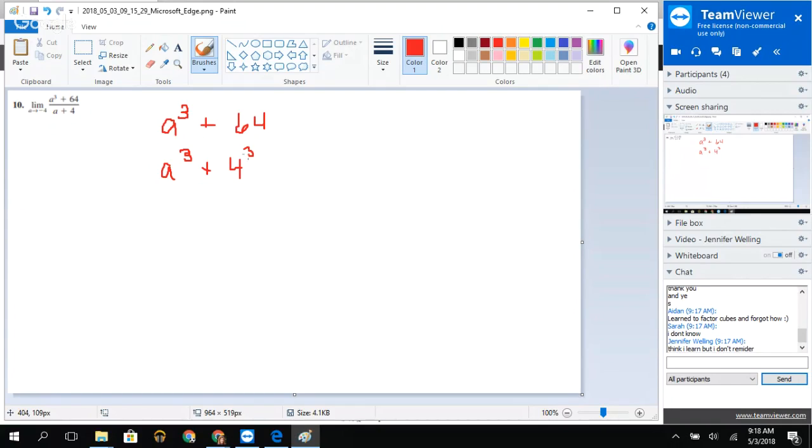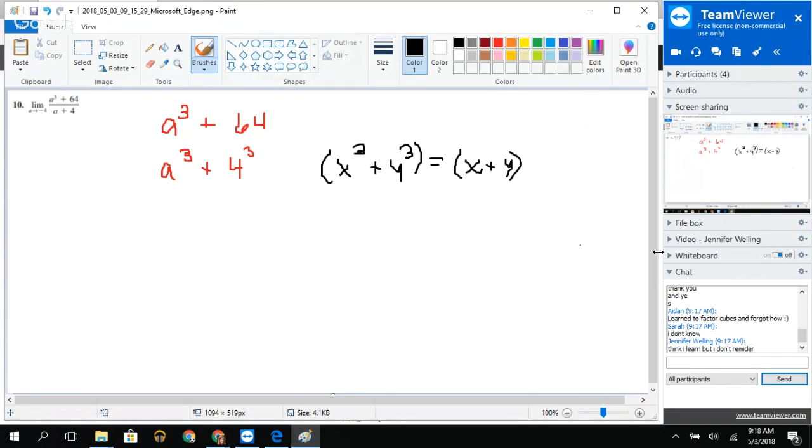So again, not something I would expect you to remember, but I thought it's worth just reminding people that if you have in the general form x cubed plus y cubed, you can rewrite that as x plus y times, I'm going to run out of room here, times x squared minus xy plus y squared. Okay, so these forms match up.